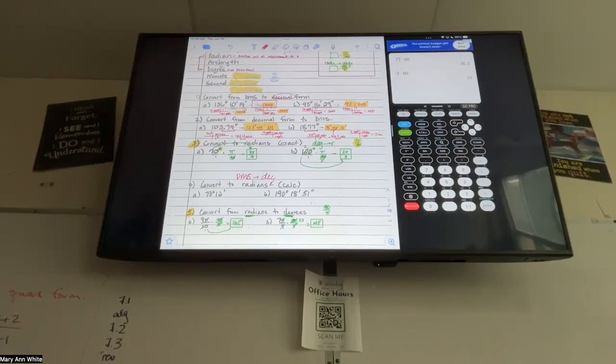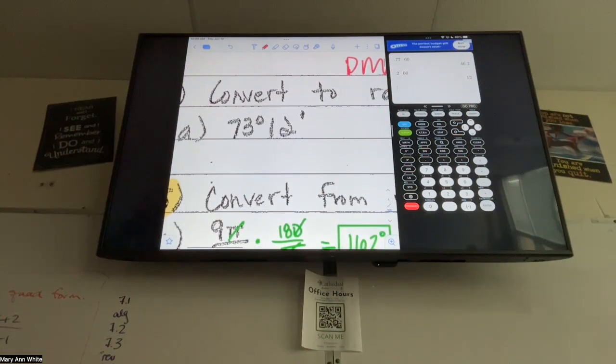Now this one, Zach, you kind of alluded to this a second ago. Sometimes we don't have seconds and that's okay. So we're just going to make this minute into a decimal and we don't have to worry about anything else because we don't have any seconds. So how do I make this 12 minutes into a decimal? 12 minutes, I'm going to do what, Ava? Divide by 60, good, because there are 60 minutes in 1 degree.